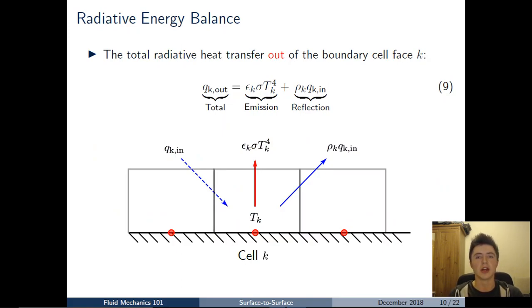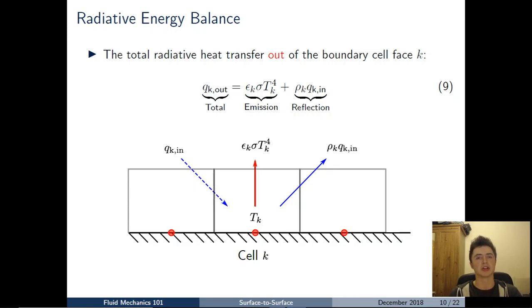So now, if we consider our boundary cell face K, we're going to use the subscript K to denote the cell that we're interested in. And if we think about the total radiation that's given out from the cell, equation 9 tells us that the total radiative heat flux per unit area that's given off by the cell is going to be the sum of the radiation emitted by the cell due to its temperature and some fraction of the radiation that's incident on the cell that is reflected away from it.